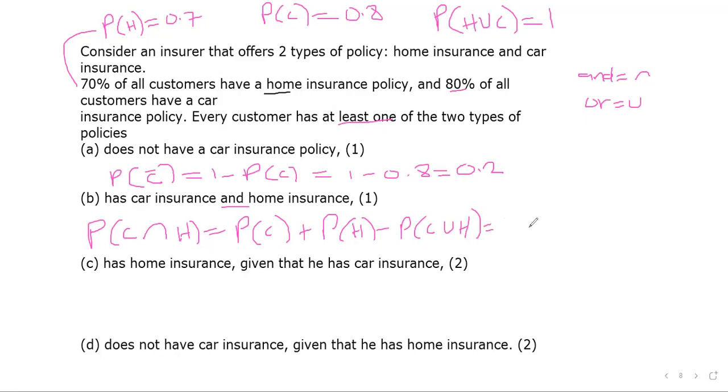So car was 0.8, home was 0.7, the union set was 1. So 0.8 plus 0.7 gets 1.5, isn't it? So 1.5 minus 1 is 0.5.